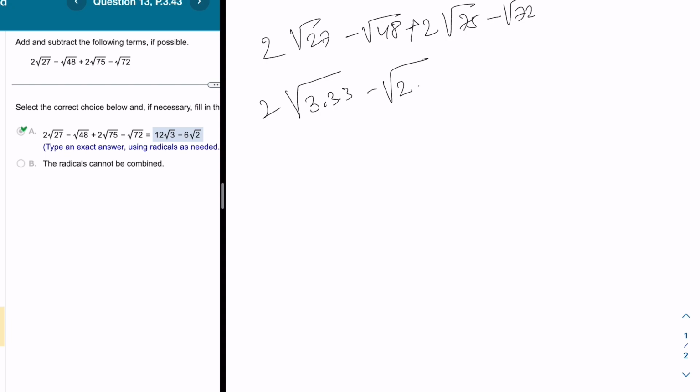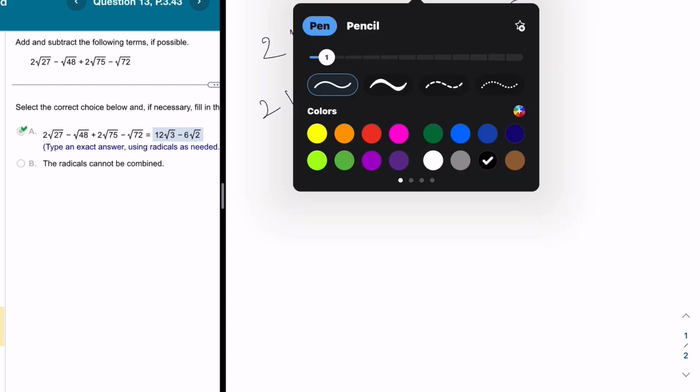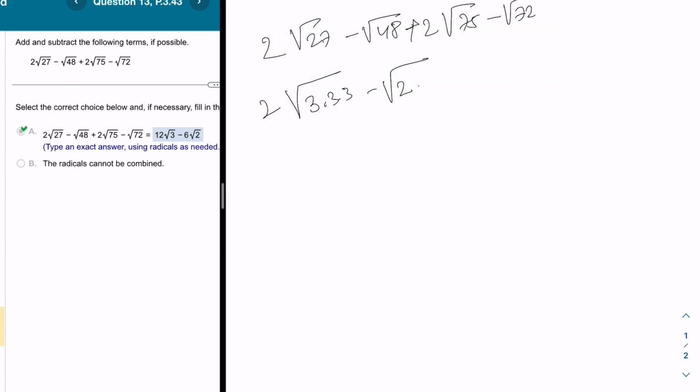We can write 2 into... look, if you don't have a calculator, then try to do it like this: 2 24s, then 2 12s, then 2 6, then 2 3.